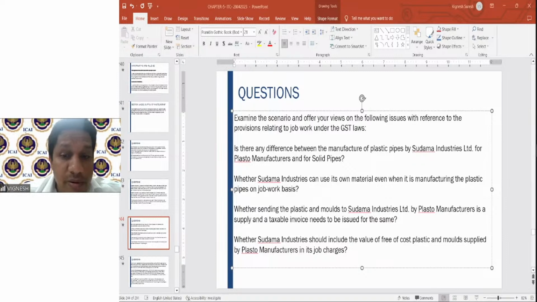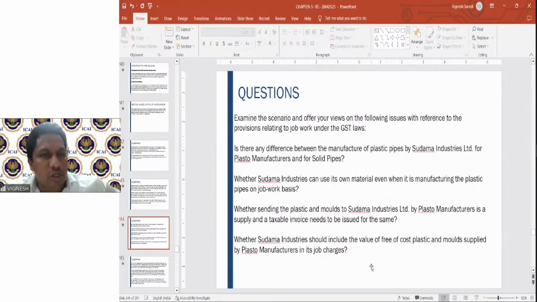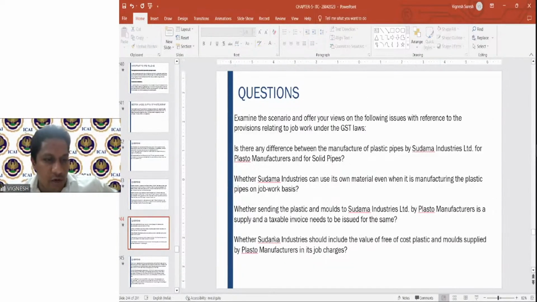However, in this case, Sudama will not include the value of free of cost material as they are manufacturing the pipes on a job work basis. So the scope of supply is to do it on job work. Therefore, it is not required to pay for the raw material. So it should not be included in the job worker's value, even though it has been incurred by the Plasto manufacturer, because the responsibility stops with job work. So this value of free plastic and molds will not be included.